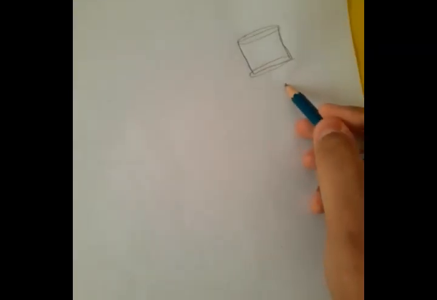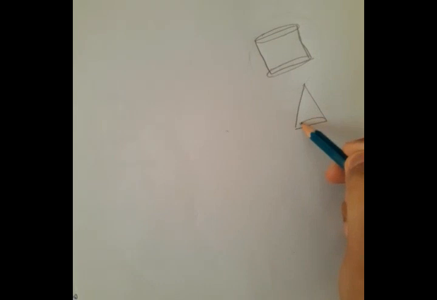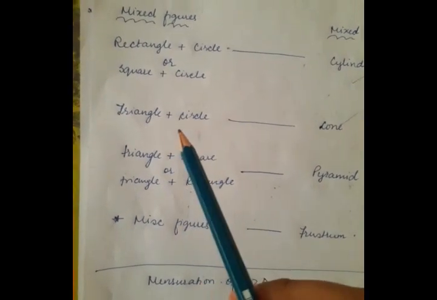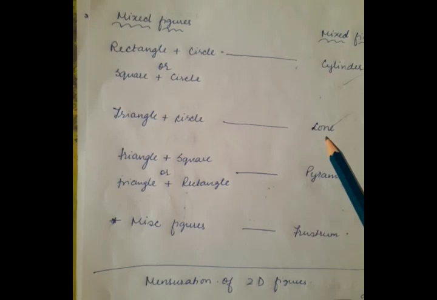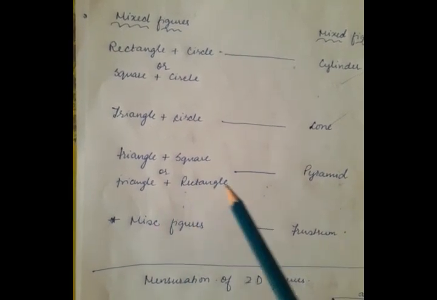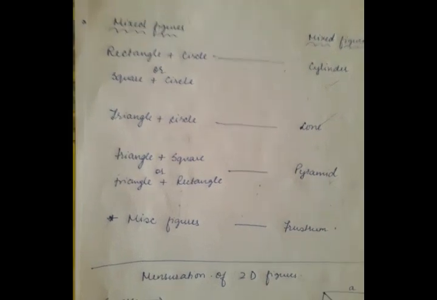Again, we will draw a triangle like this and then put a circle over here. Just see, it becomes a cone. So that is why I have written that the second mixed figure is triangle plus circle, which gives the cone. The next one is triangle plus square or triangle plus rectangle, which will give a pyramid.